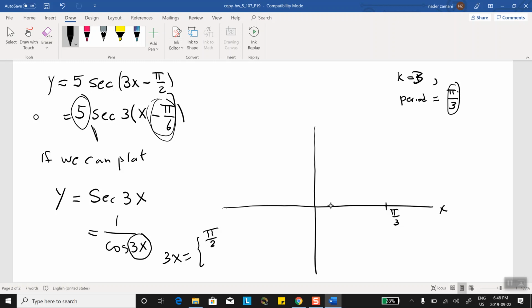So we're going to have a problem right here. This is the middle point, no problem. We're going to have a halfway point there, halfway point there.